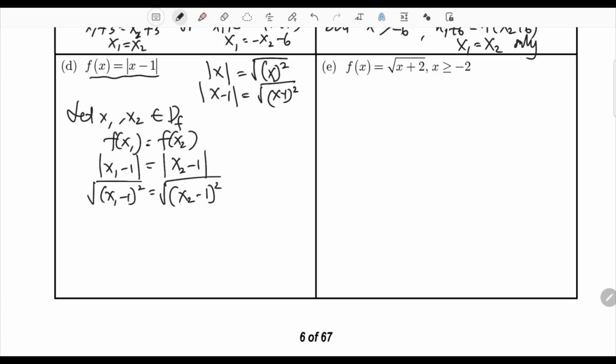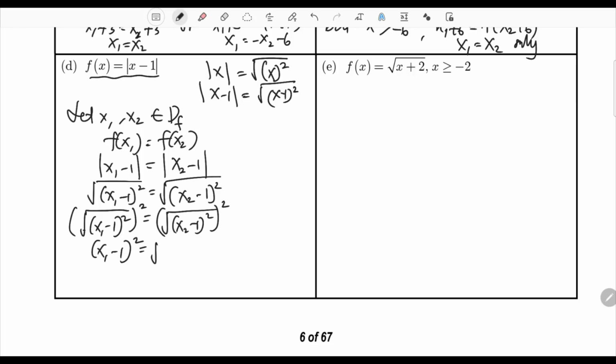So eliminate the square root. So we're going to square both sides. Okay. So x1 minus 1 squared here, x2 minus 1 squared here. So we are left with x1 minus 1 squared, no more square root. So we get x2 minus 1 squared. So again, bring the square to the right side. So we get x1 minus 1 plus minus of x2 minus 1.